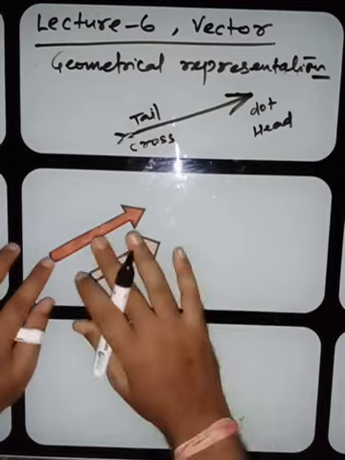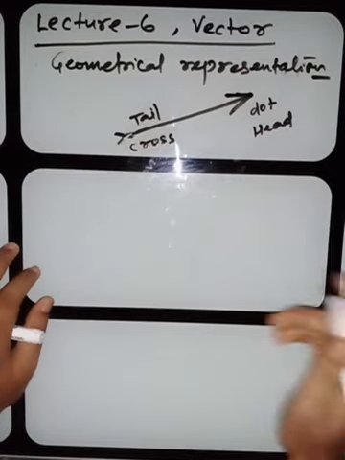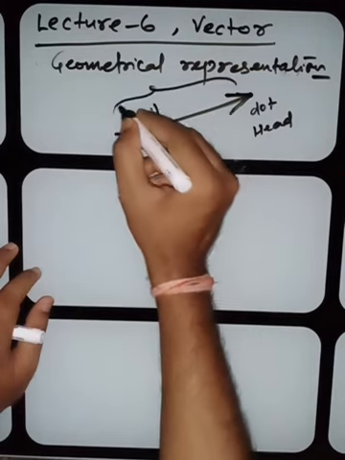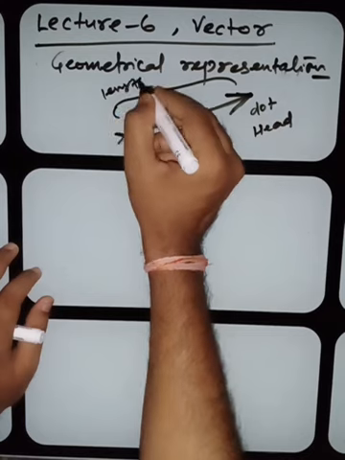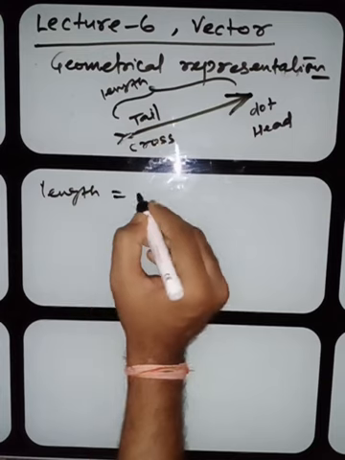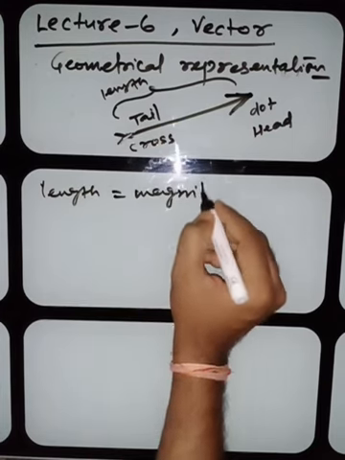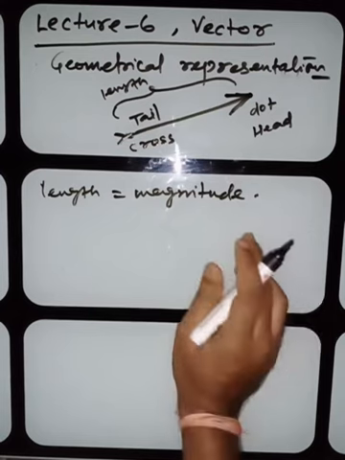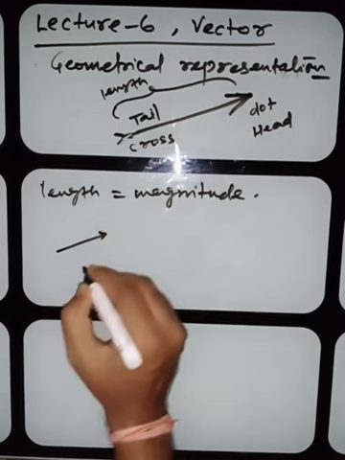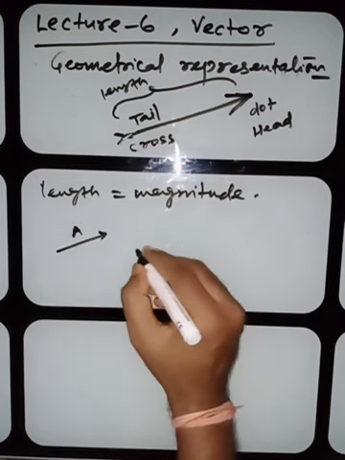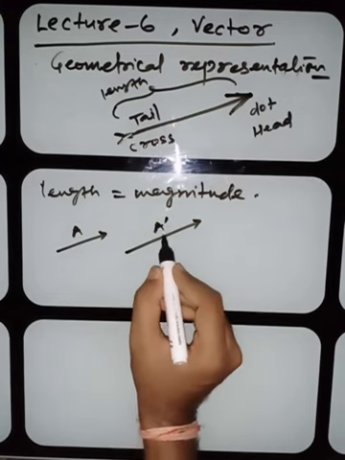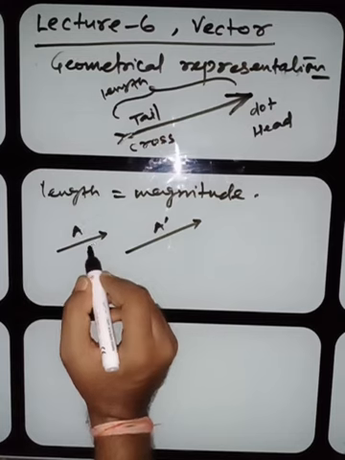So the length of this particular vector is the magnitude, when we talk about the geometrical representation. If you make this one vector a, and you make this vector a dash, it means the magnitude of a dash is larger than the magnitude of a.